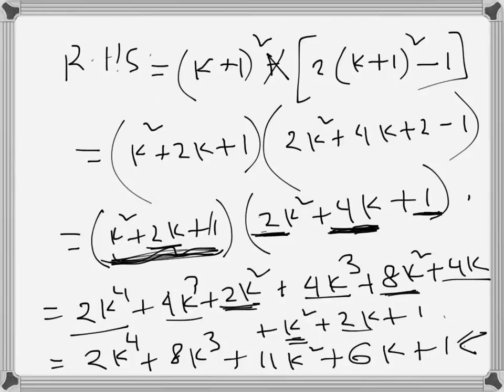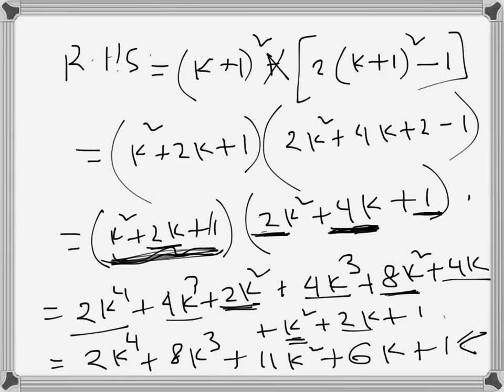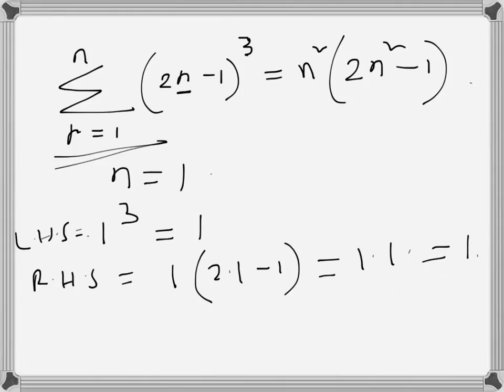Now we see that this is the same as the left hand side. The left hand side was this one, and the right hand side is also the same. So basically we have shown that the relationship is true when n is equal to k plus 1. So it is proved using mathematical induction.